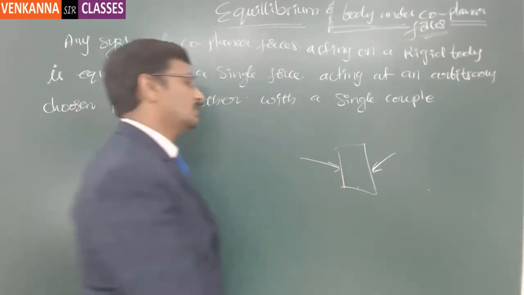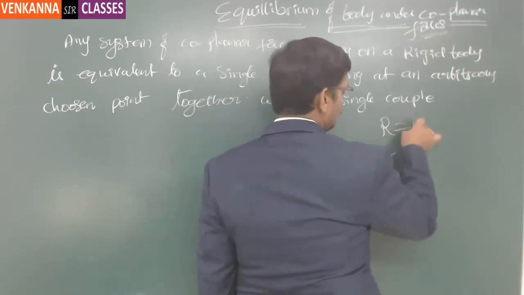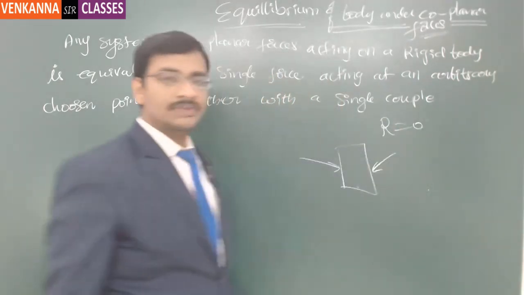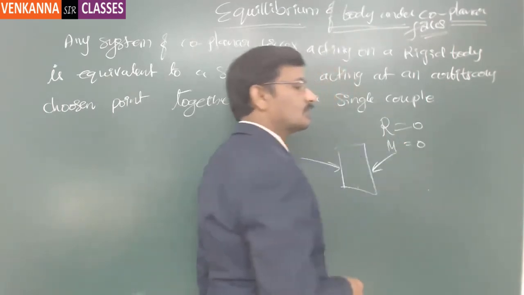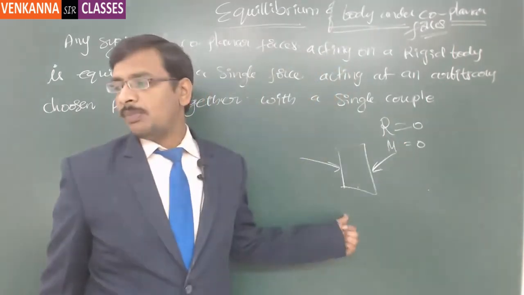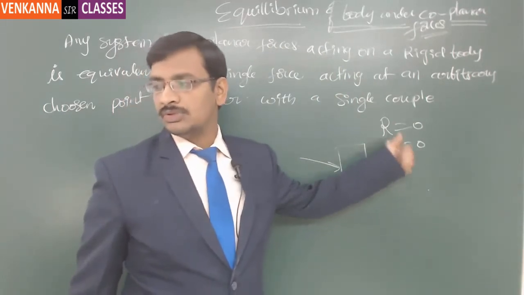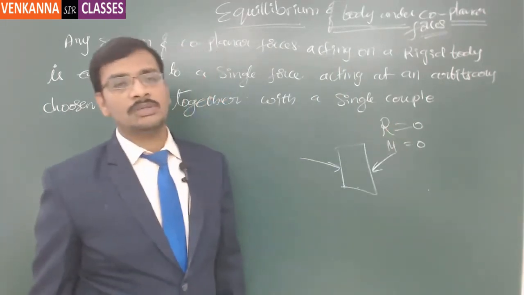One is the resultant force R should be equal to 0, and the other is M should be equal to 0, which is nothing but the moments of all the forces together about any random point has to be 0. So these are the two different conditions for the body to be under equilibrium.